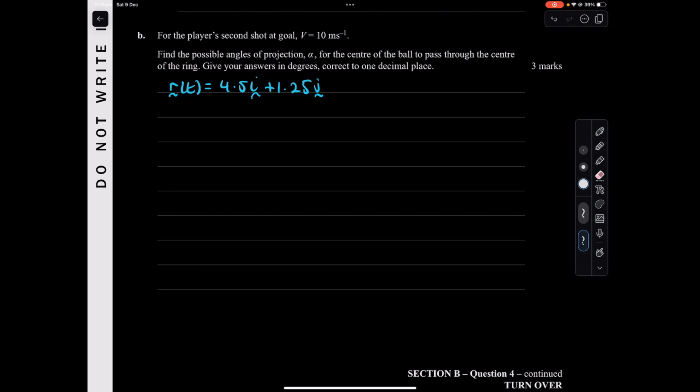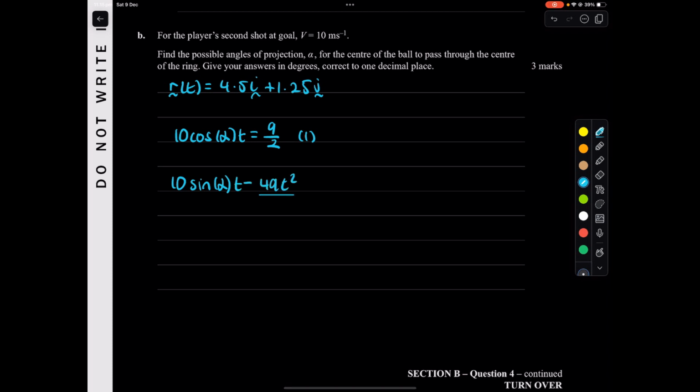So we got 10 cos alpha t equals 9 over 2, the first equation. And the second equation is 10 sine alpha t minus 49t squared all over 10 equals 5 over 4. That's your second equation.